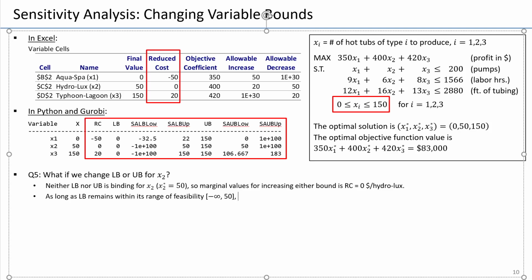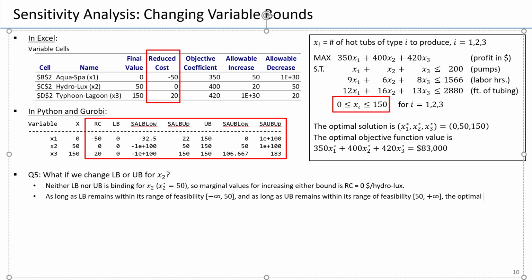And by analogy, as long as UB remains within its range of feasibility, which is now here 50 to plus infinity, right? What will happen? The optimal objective function value will not change.